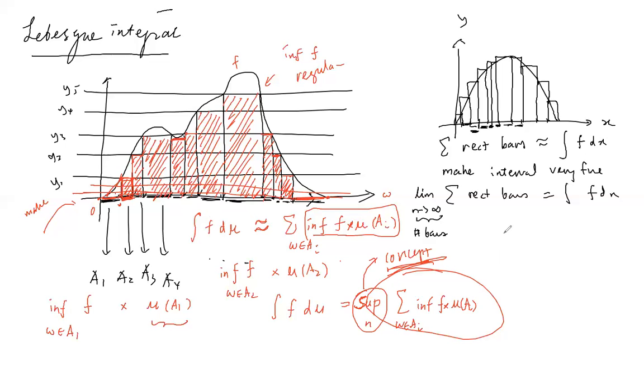Fortunately, you don't have to really worry about that, because in certain situations the sup will not bother you too much. If you are working with step functions like this, then it's very easy.